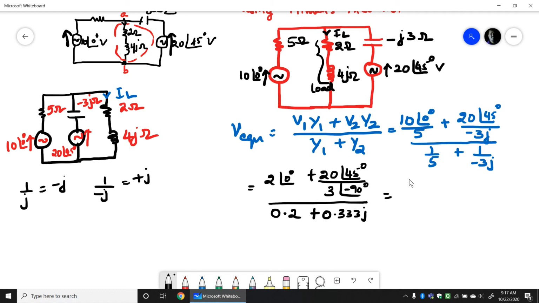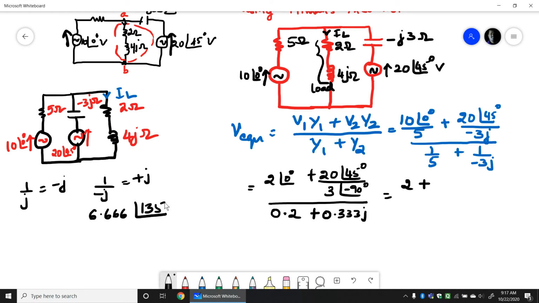So what will I get is 2 at an angle 0 degree, I'll get 2 plus. Now coming to 20 divided by 3 would be equal to 6.666 at an angle 45 plus 90, which will be 135.